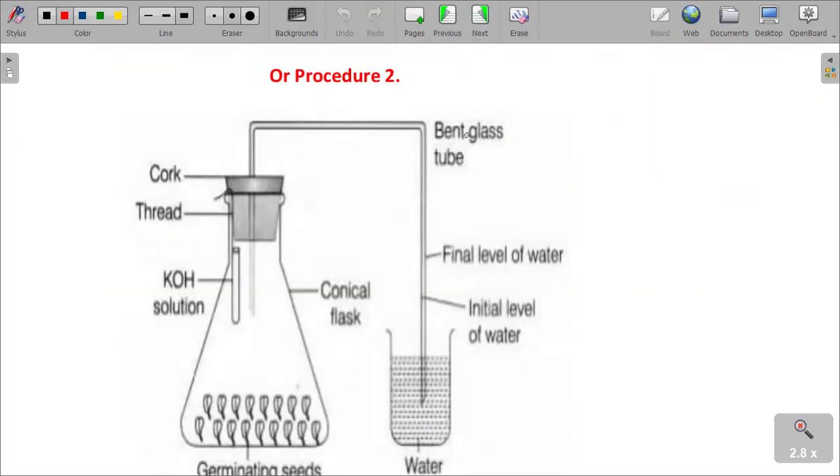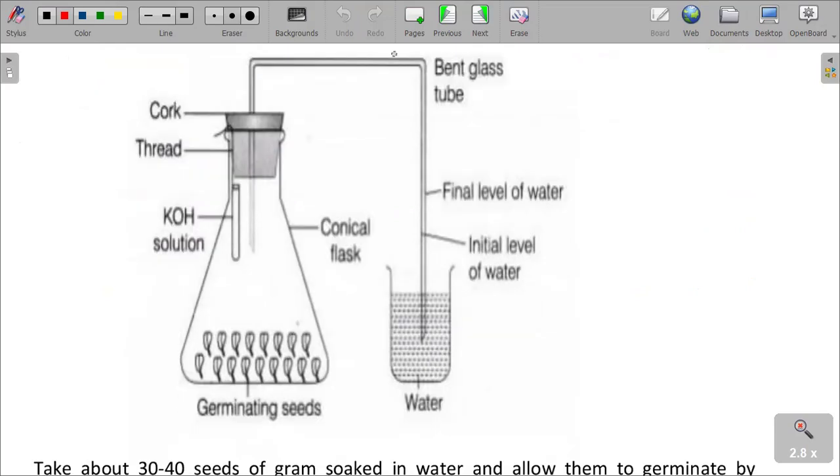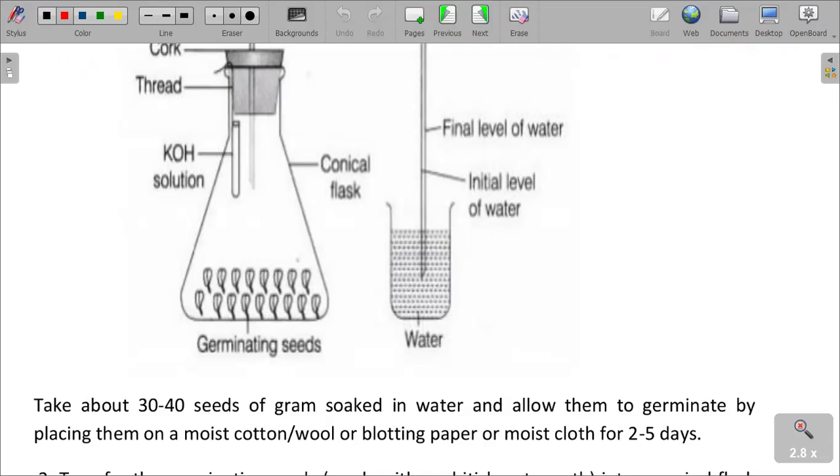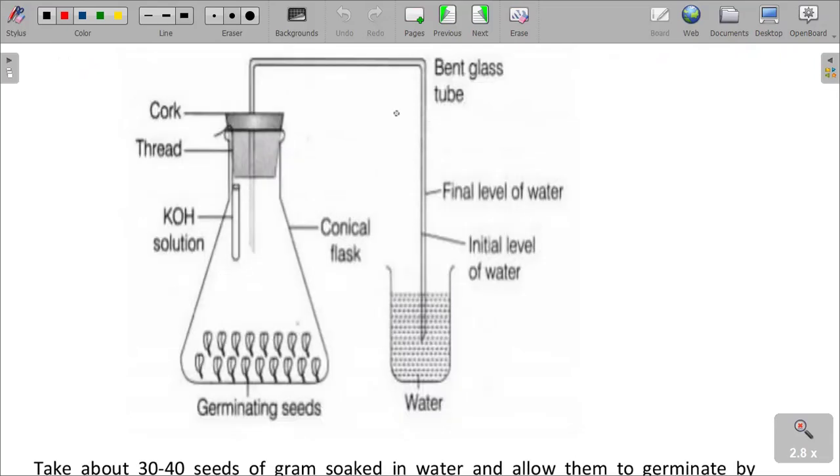I have another way also, which is procedure 2, which can be used for determining the production of carbon dioxide during cellular respiration. We have this setup as another setup, where you can see the initial water level, level 1, and the final water level, level 2.